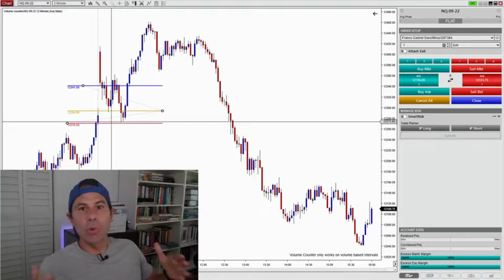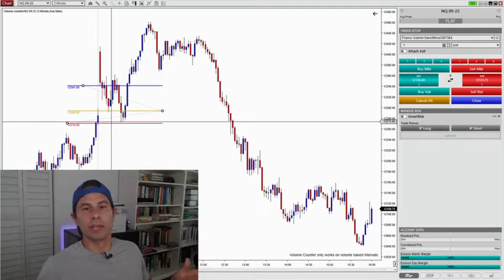So the best way to approach trading is just seeing it as a number, as a universe of trades. Next trade is not better than my previous trade, nor my other trade, right? They're all the same. They have a probability of working.